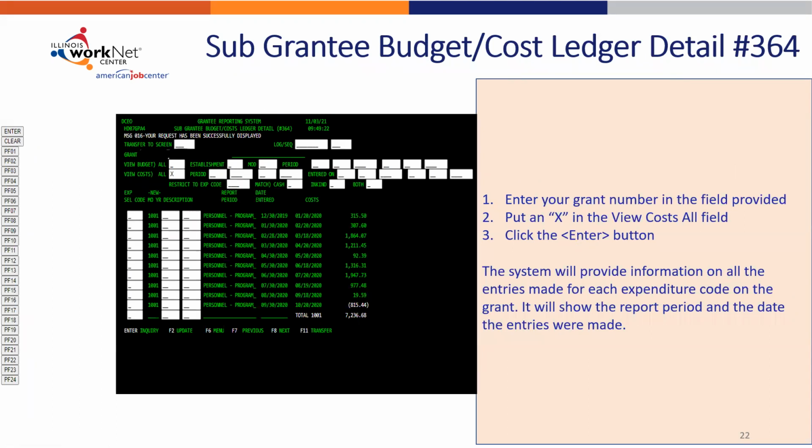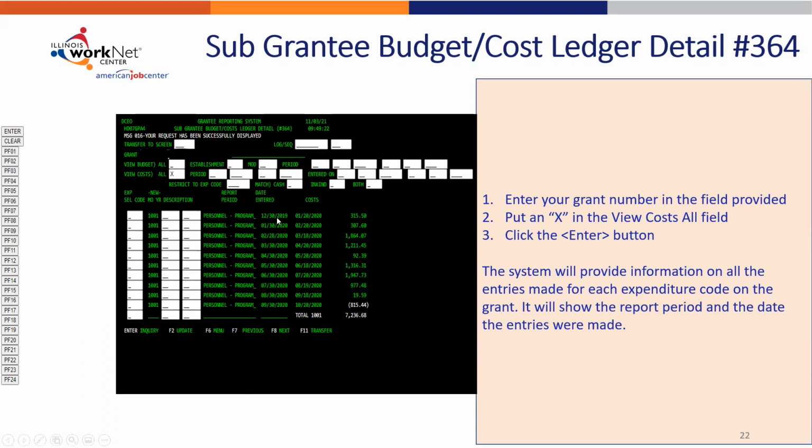This 364 screen, you may not use as much. If there are a few of you who have multiple people entering costs, for example, you might use this screen. What this screen does is tell you, as you're reporting costs, when you entered that cost.